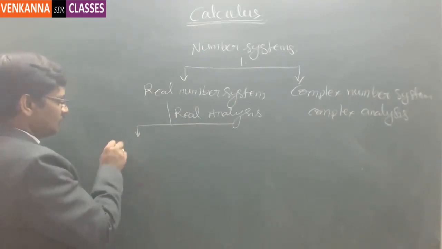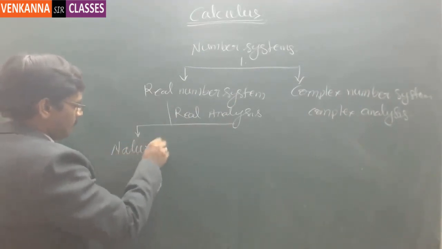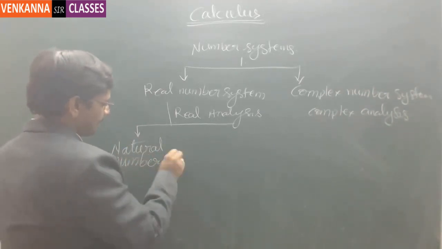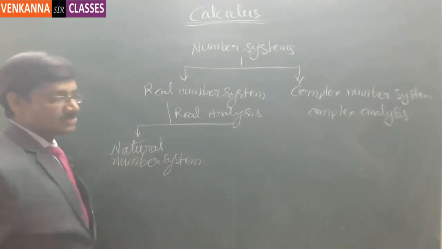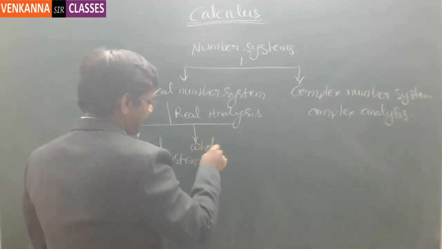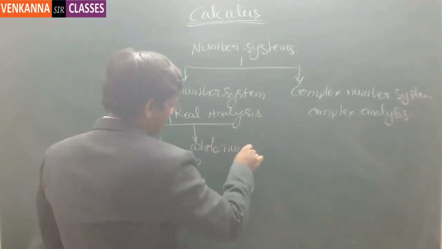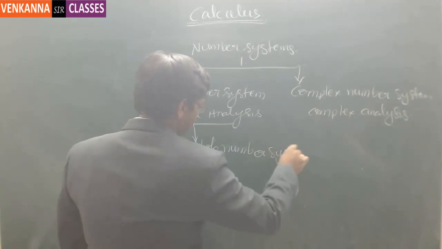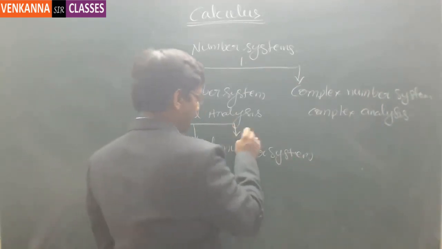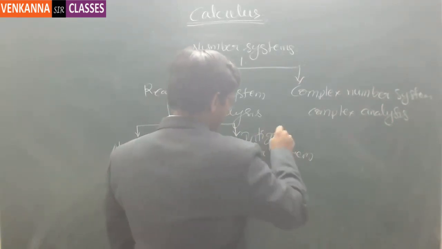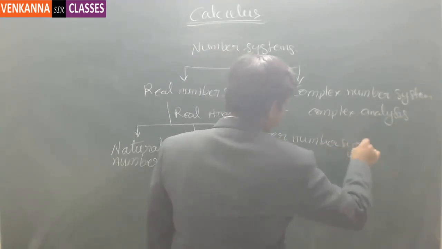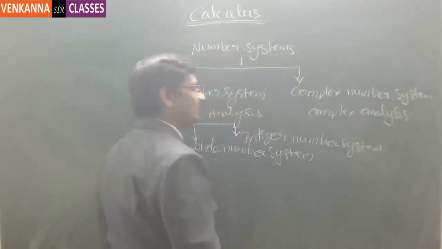One is the natural number system, whole number system, integer number system. But the complex number system is a single number system.